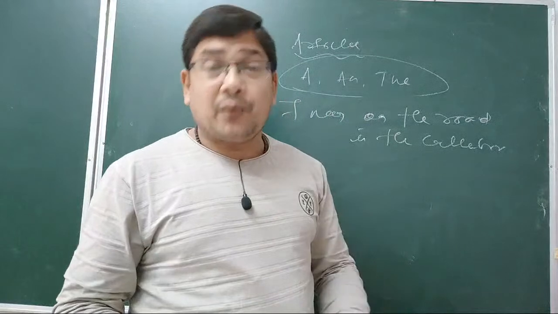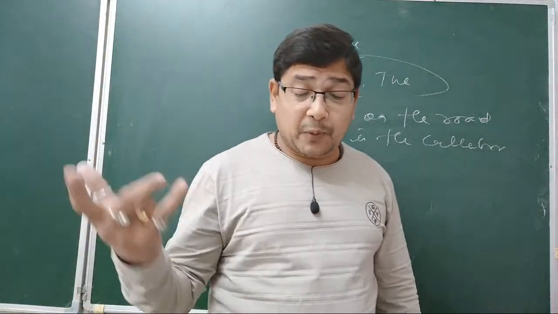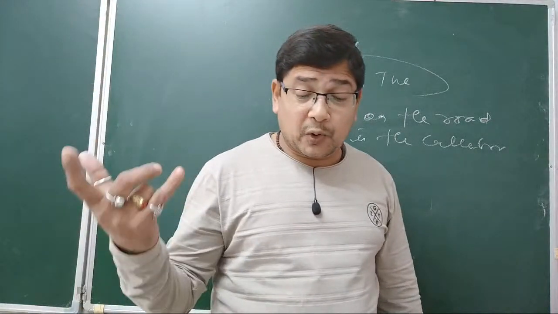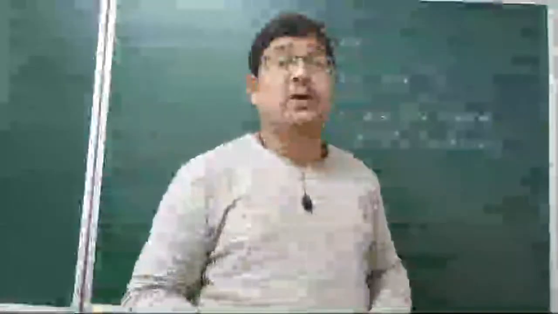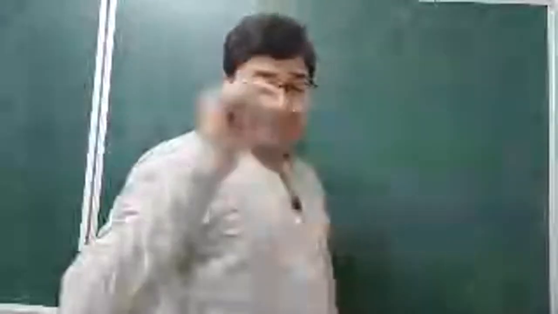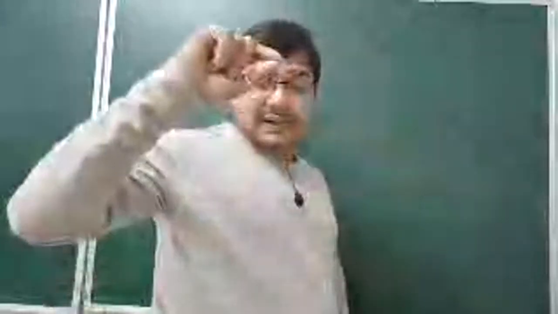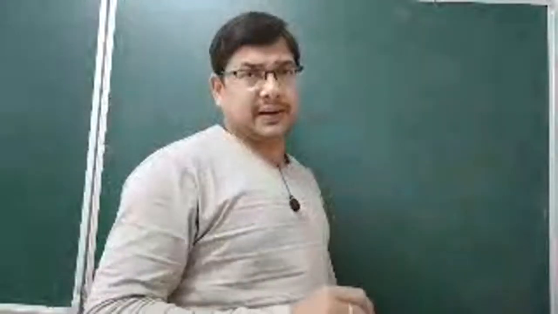Okay. Then we can go for rule number 4. What is rule number 4? The is used before a noun made definite. Okay, already covered. Rule number 5: the is used before a noun which is the only one in a given situation or context. Only one. When something is said and it is the only one, that is used before a noun which is the only one in a given context.